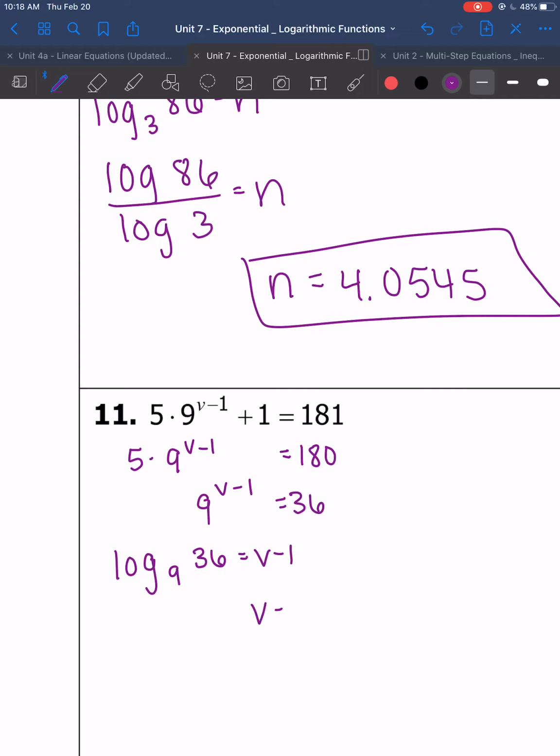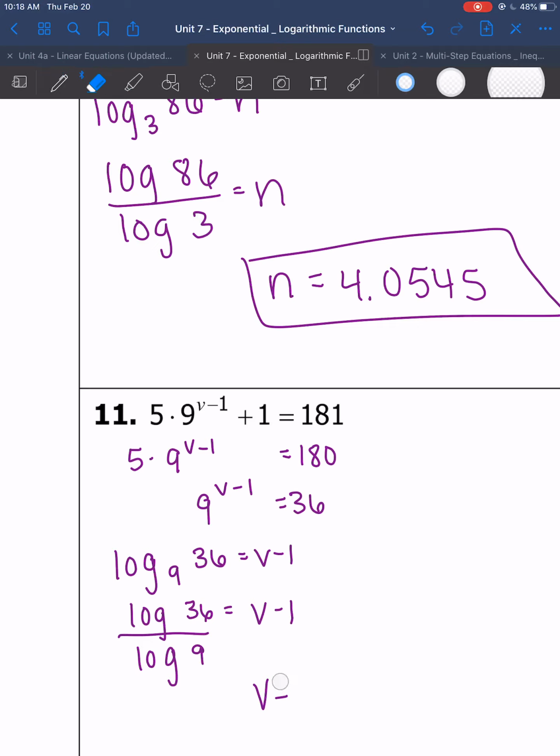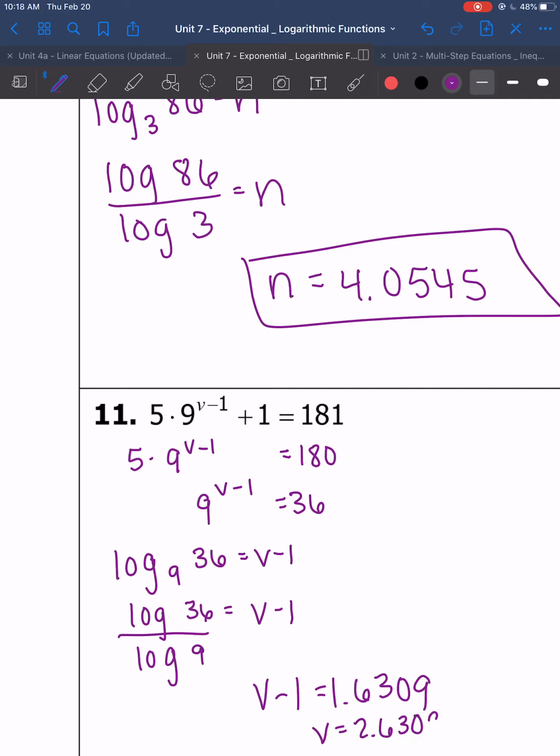So v minus 1 equals log of 36 over log of 9, which is 1.6309. And then add 1. So v equals 2.6309.